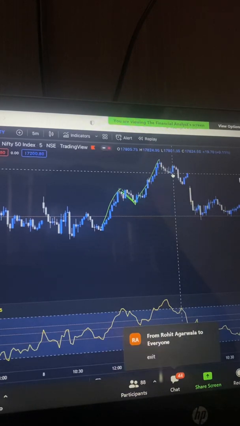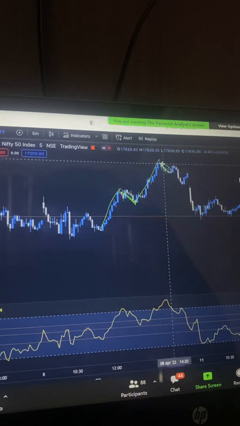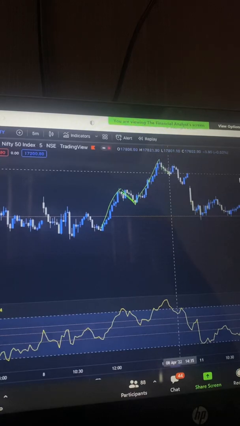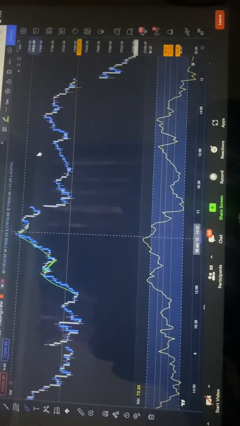Why was this not an accurate trade? You'll understand this once I teach you RSI, but I'll teach you a very complex point over here. Try to understand. This downfall was not very good. You can see this downfall was multiple doji formation. Even in a secondary trend, I want some proper correction.